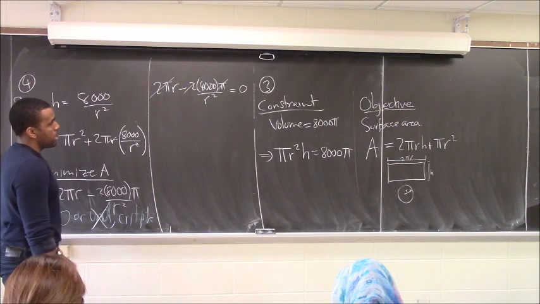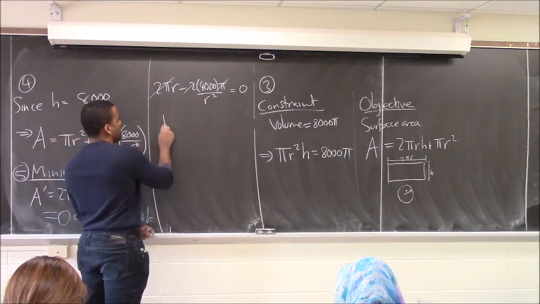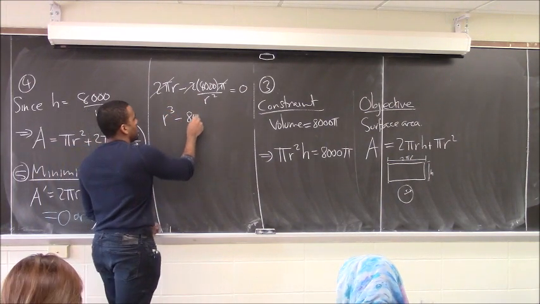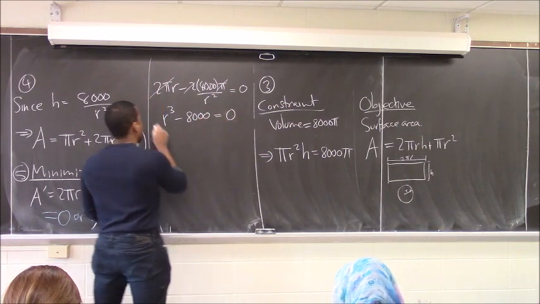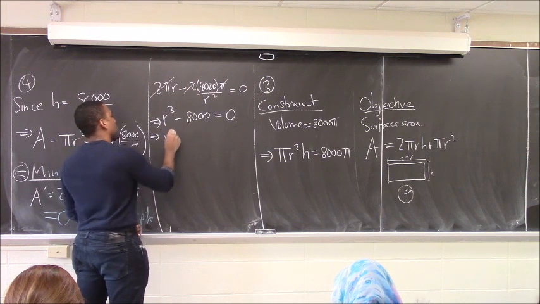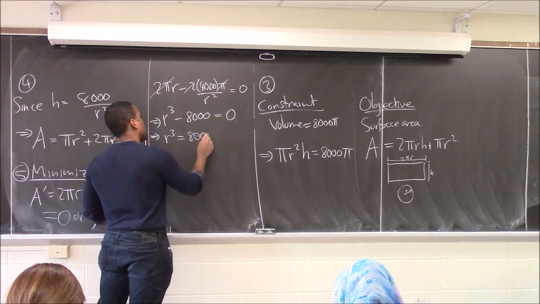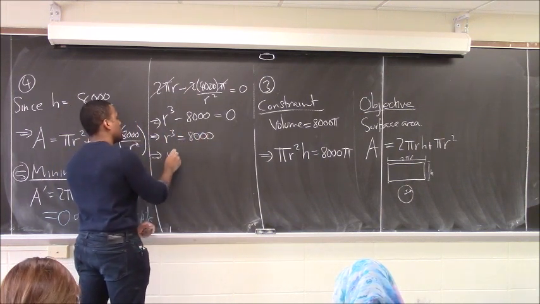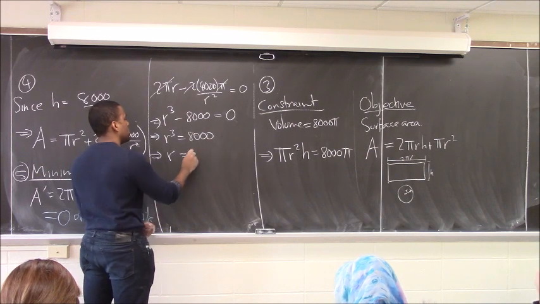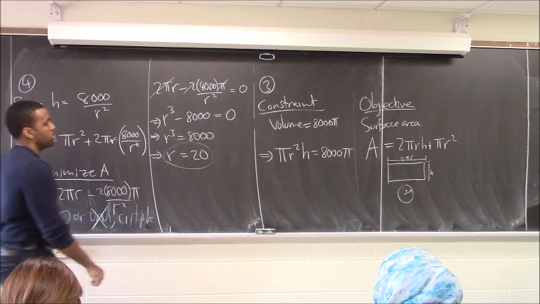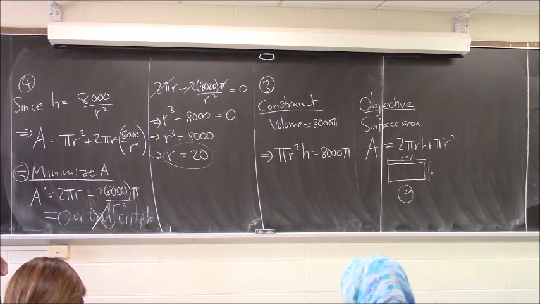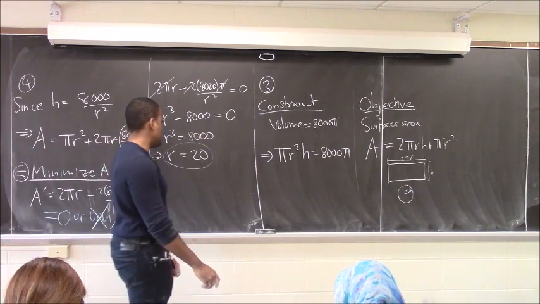Similarly, I can multiply both sides by r squared, that would give me an r cubed. And r cubed equals 8,000. This means r is the cube root of 8,000, which is 20. So the radius of 20 is what I need for this situation.